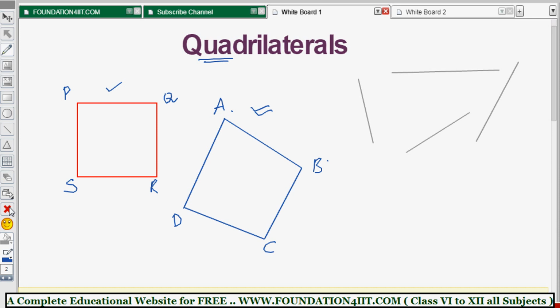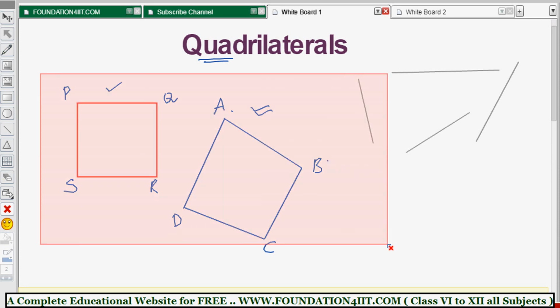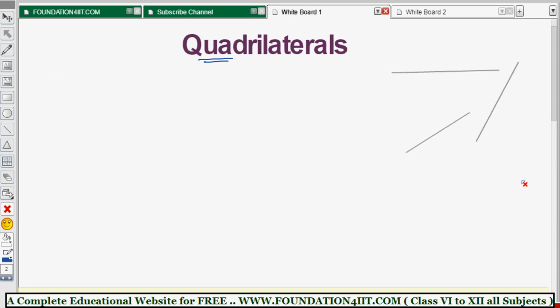You see one by one. First of all, it's a closed figure. It has 4 sides, 4 line segments.